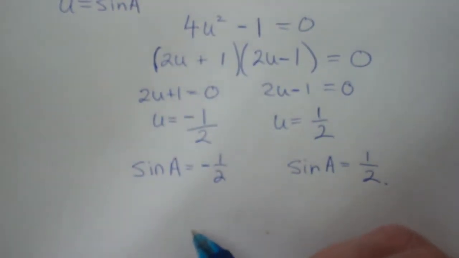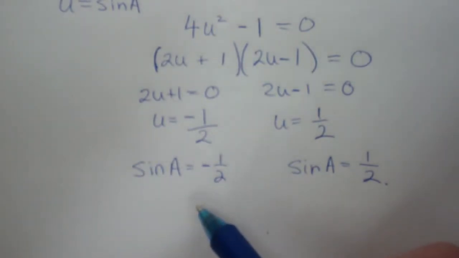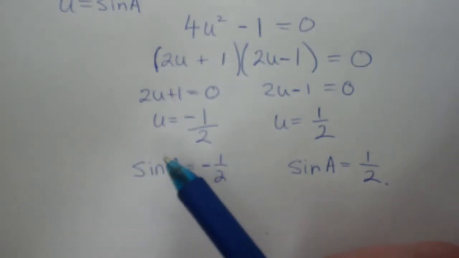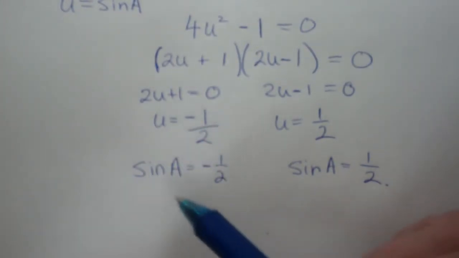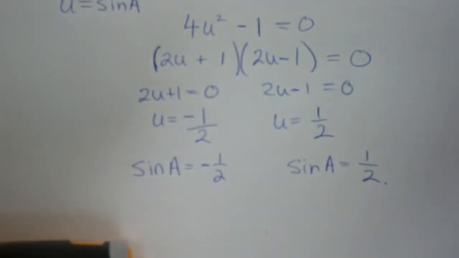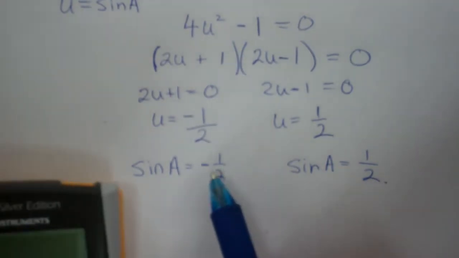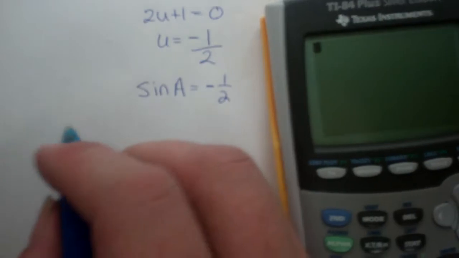Let's try to find the values such that the sine of a is equal to negative 1/2. If you're comfortable using the special values of the special angles, if you have those memorized, you may be able to reason your way through this by looking at a unit circle and then reflecting in the right way. If that's a lot for you, then let's go ahead and use the calculator. Let's take the inverse sine of both sides.